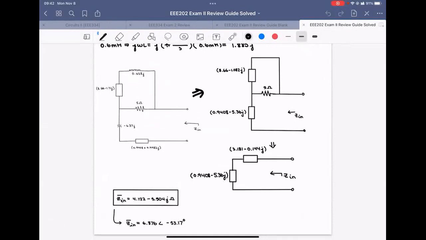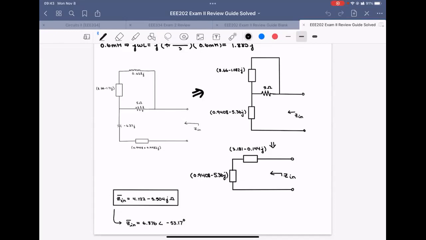Then these two are parallel, combine into one source on the top, and then we have our last. Oh, sorry, these two down here are in series as well. First you have to take the frequency and turn it into omega with 2 pi f.